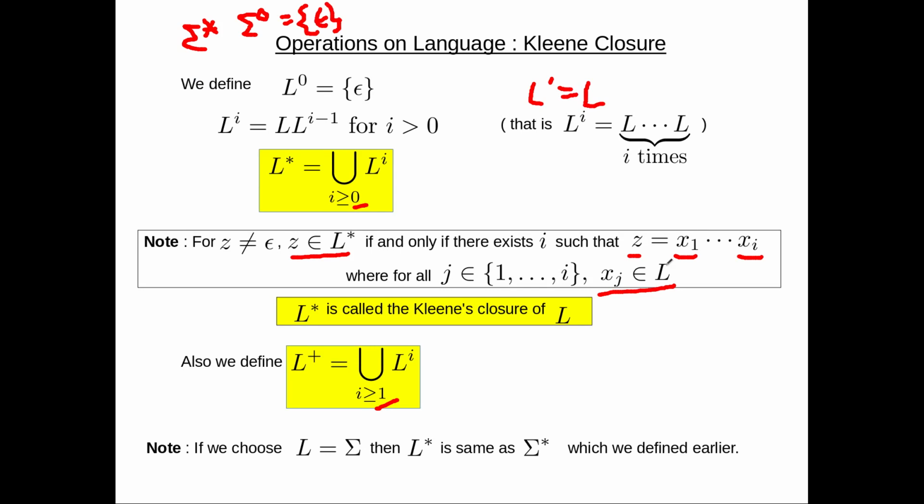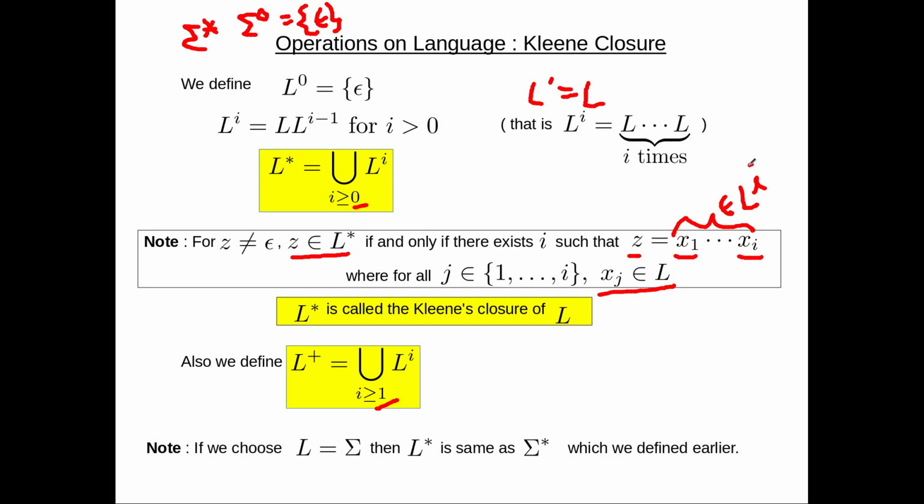In fact this whole thing will be part of L to the I, right? But then for all I, this L to the I is contained within L star.